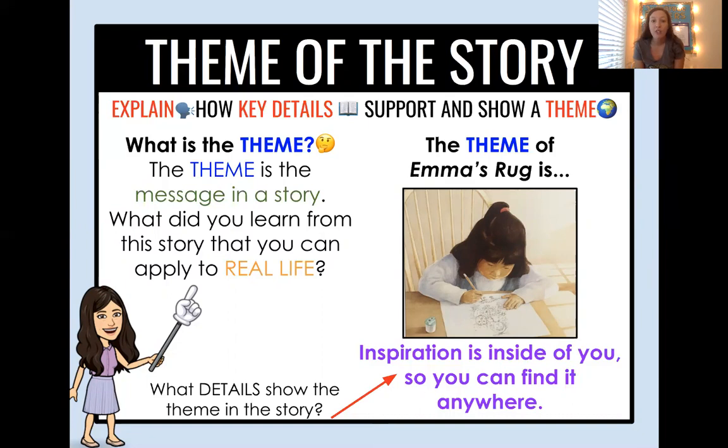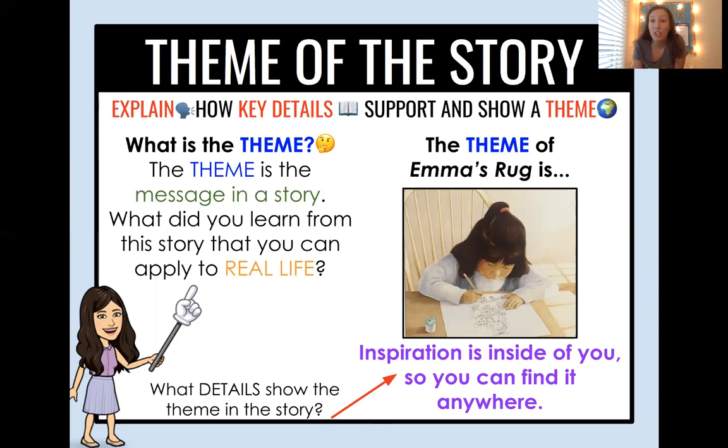So down in purple, like you guys heard me say, we know the theme of Emma's rug is that inspiration is inside of you. Did she get her inspiration from her rug? At the beginning, a little bit, yes. But what about after she throws her rug away? Where does Emma find inspiration then? That's right. She doesn't find it.